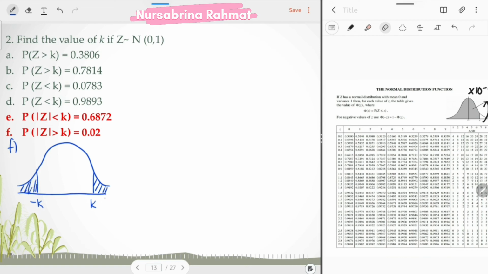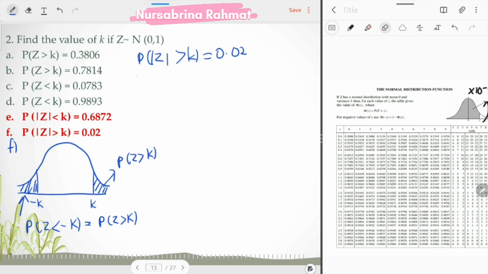So this side is P(z > k), and that side is P(z < negative k), where P(z < negative k) is equivalent to P(z > k). So P(|z| > k) equals 0.02, which is actually 2P(z > k) equals 0.02, and your P(z > k) as usual is 1 minus P(z < k).